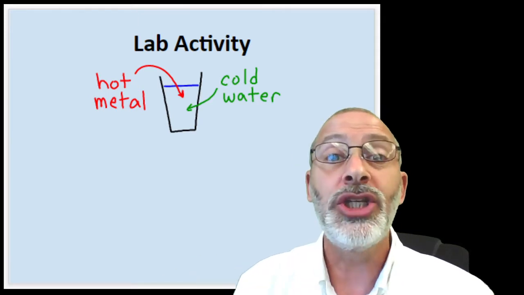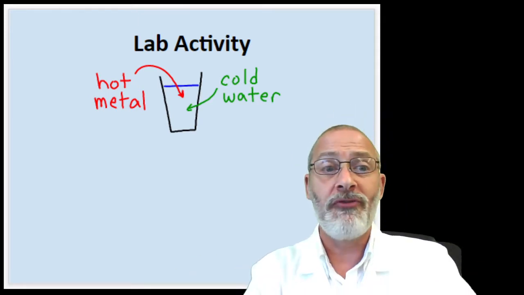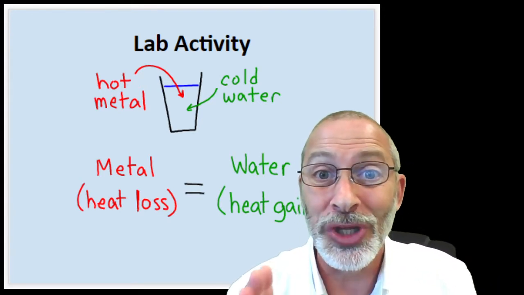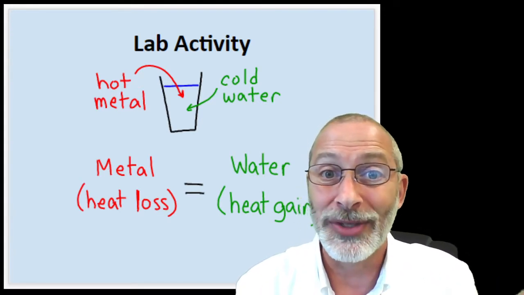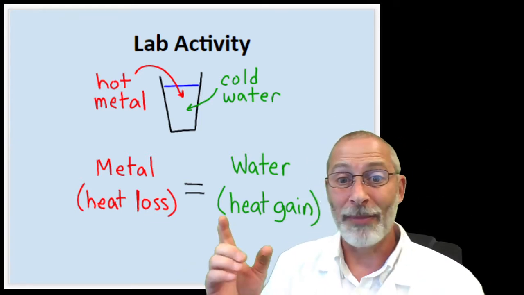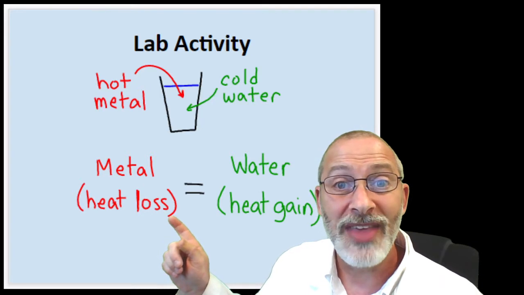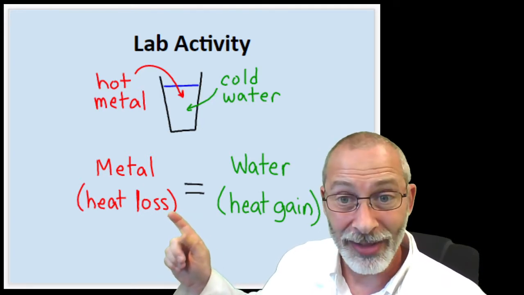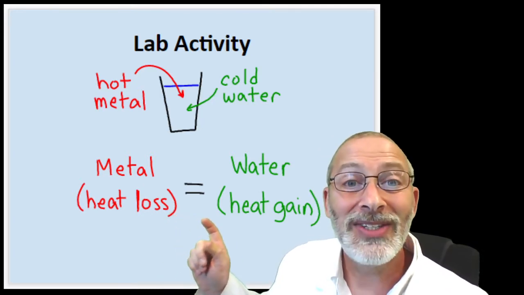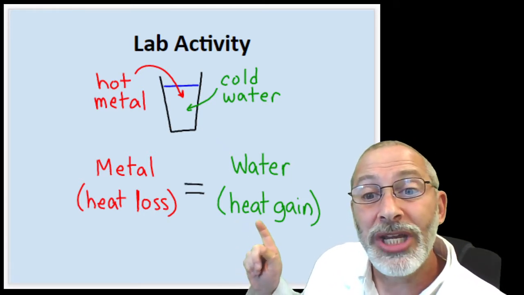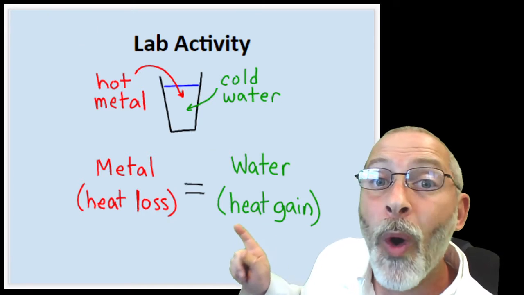We can only change its form from one form to another. So here's the deal. This is really cool, and we're going to use this principle in science to complete this lab. The amount of heat energy that is lost by the metal has to be equal to the amount of heat energy gained by the water.